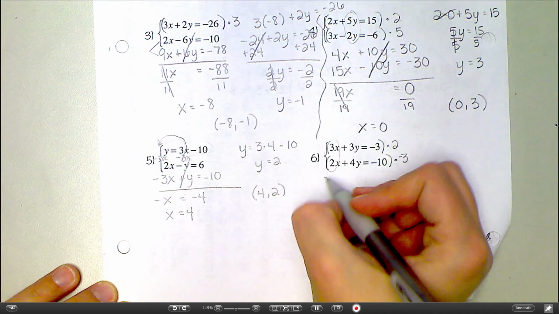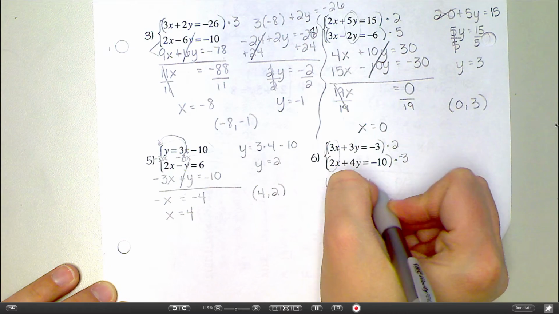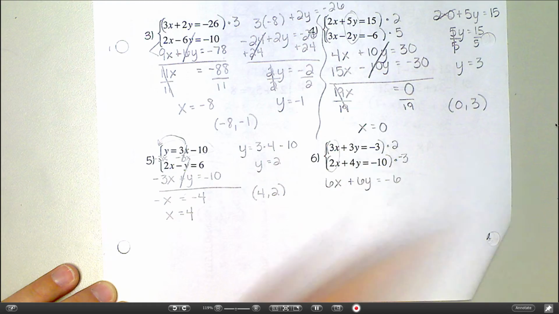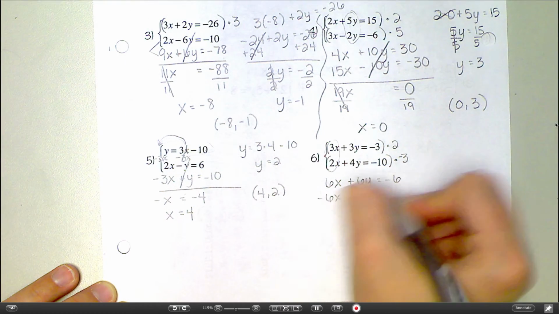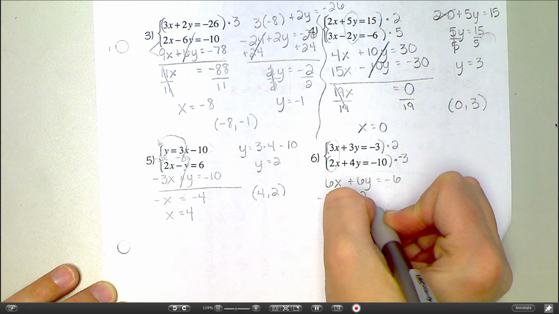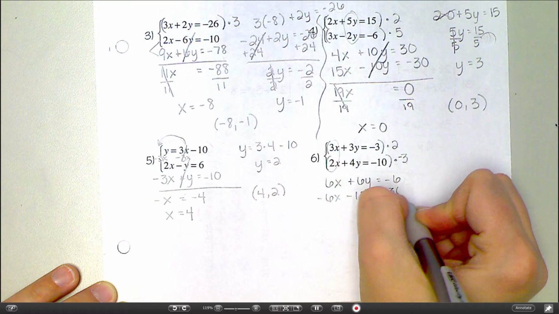So on the top, I would end up with 6x plus 6y equals negative 6. On the bottom, I would end up with negative 6x minus 12y equals, and that's going to be a positive 30.